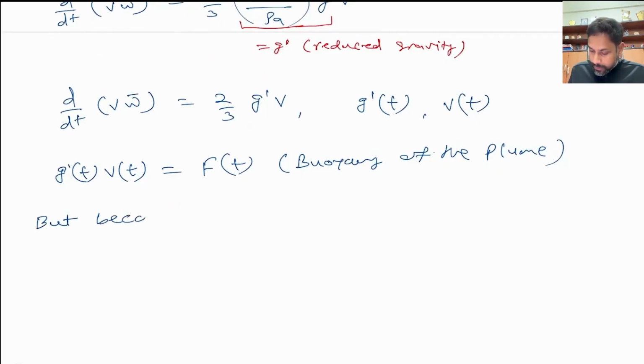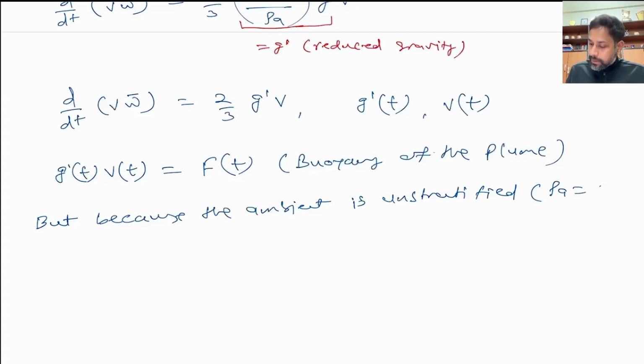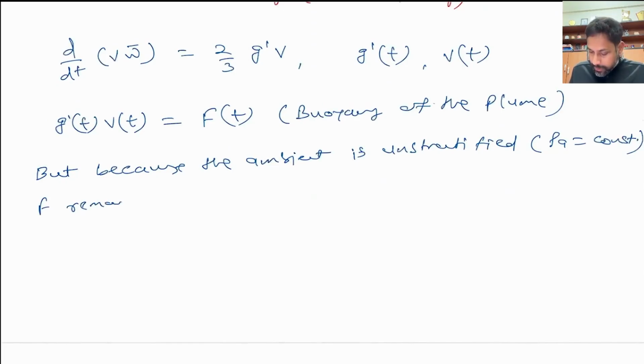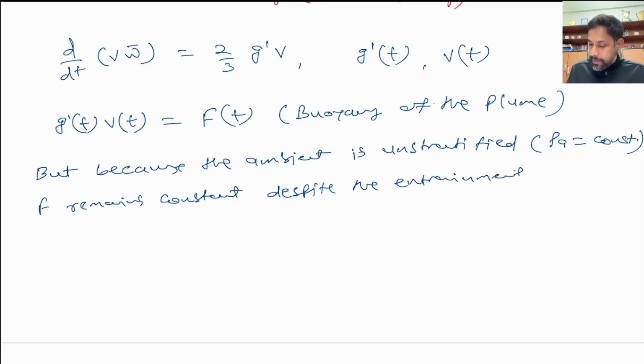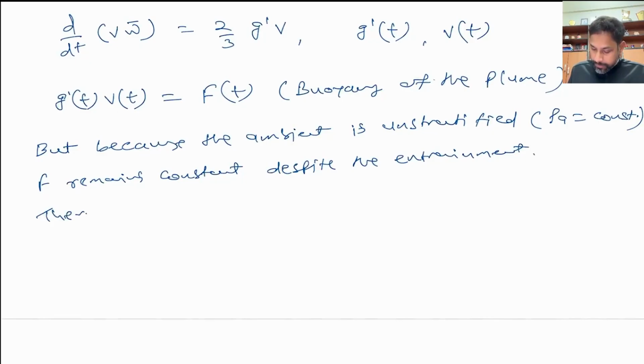But because the ambient is unstratified, which means rho is constant, F remains constant despite the entrainment. Therefore, F is actually not a function of time, but F is simply equal to F naught.